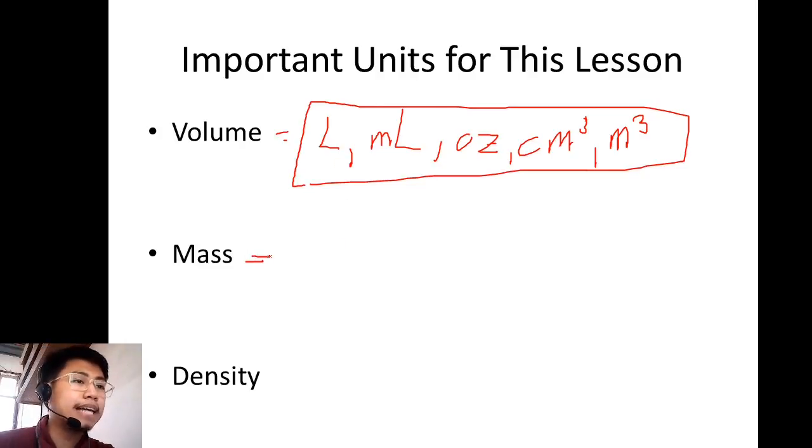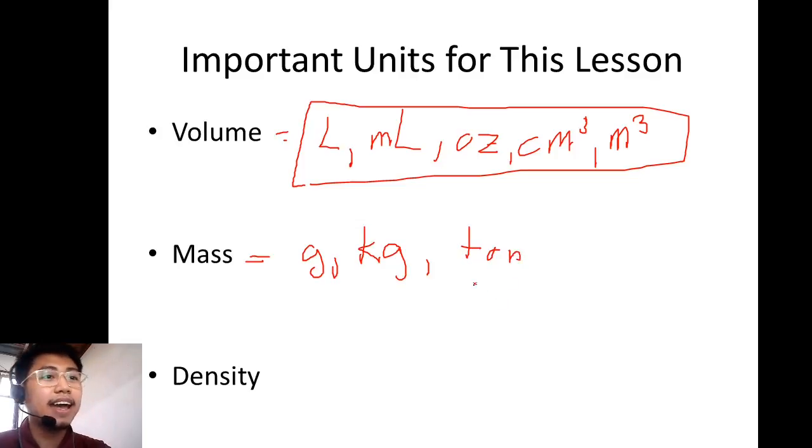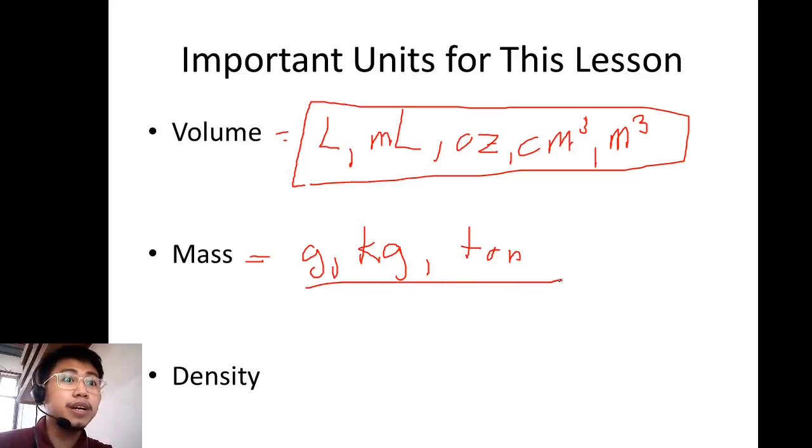What about mass? Mass doesn't just mean weight, but actually it means the total amount of a substance. For mass, we have the units grams, kilograms, and ton, and these are the most common ones.